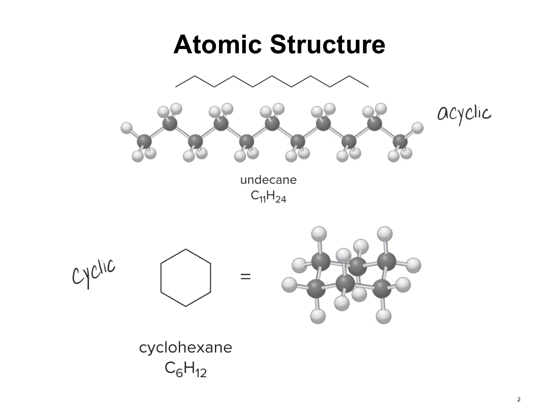Acyclic alkanes have the molecular formula CnH2n+2, and that n is the number of carbons.